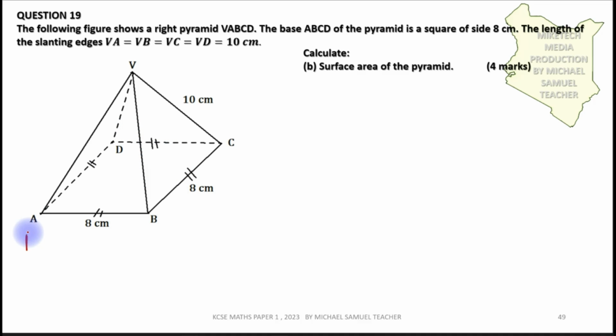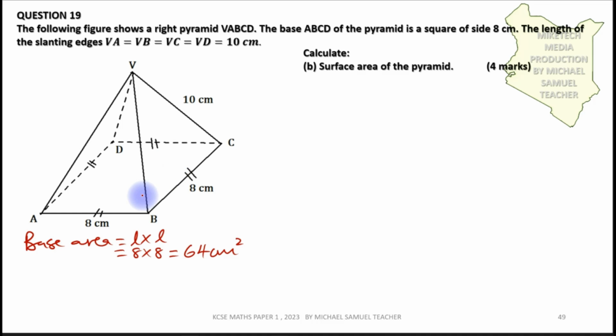So the base area is length times length, which is 8 times 8, we get 64 centimeters squared. Then we need the slant height, because the base is a square, which means all faces are equal. So we get the area of one face and then multiply it by 4.